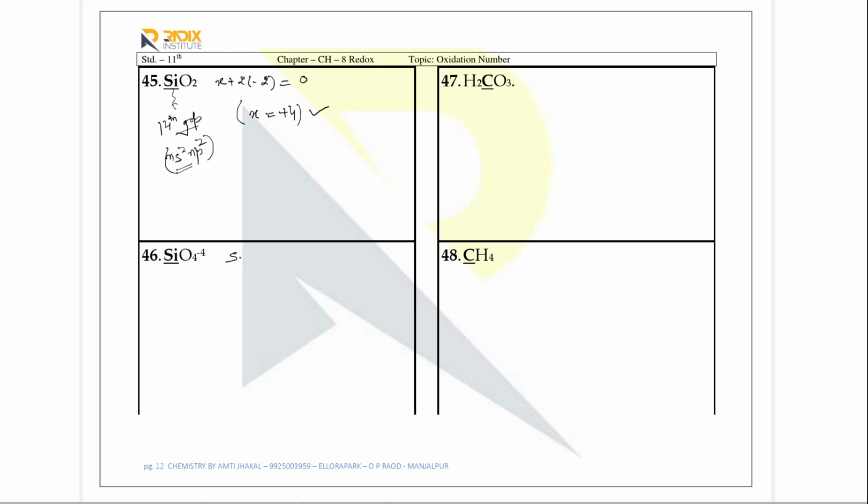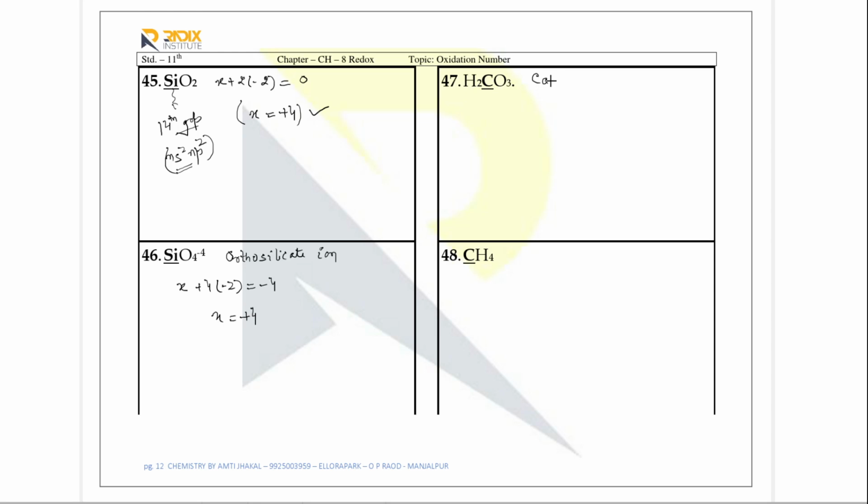This is orthosilicate ion. Silicon oxidation state is X, oxygen 4 into -2 is equal to -4, so X is equal to plus 4. Here also the silicon is present in plus 4 oxidation state.